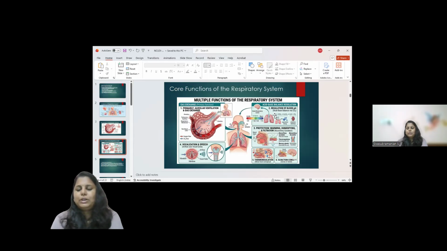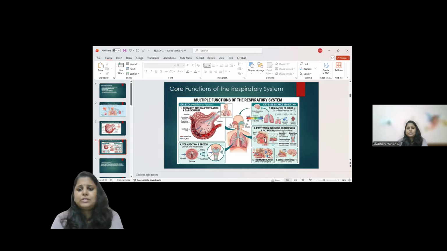It is helpful for the regulation of blood pH, so that we can maintain the normal pH of blood in our body. If any variations take place, it will end up with imbalances in the respiratory system as well as in the renal system.